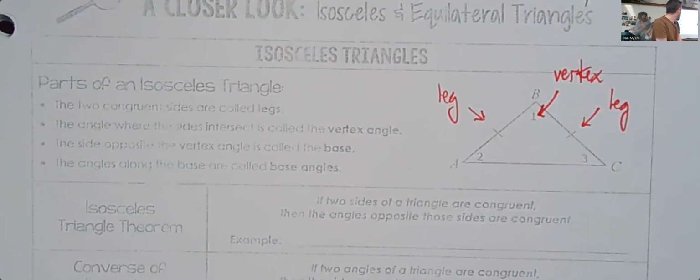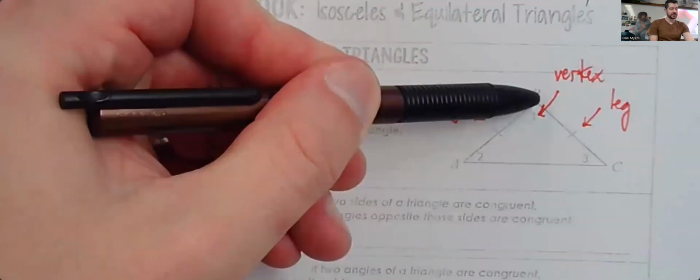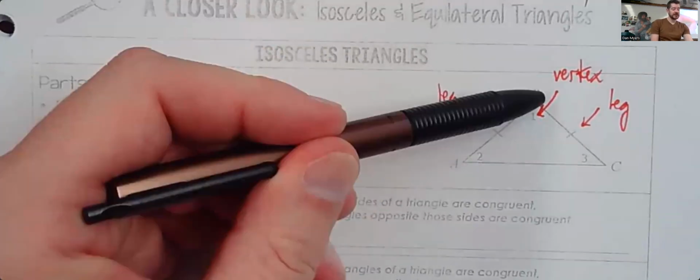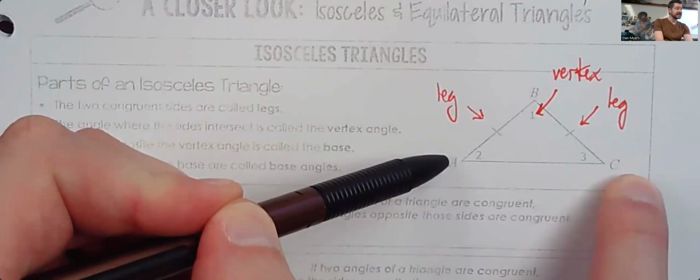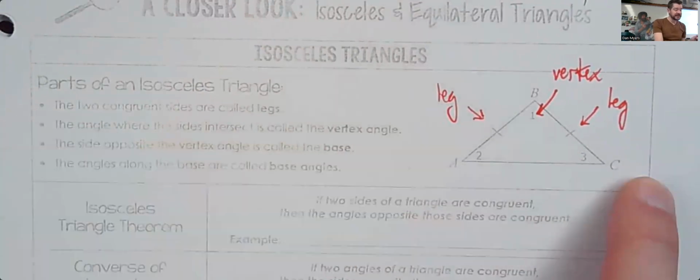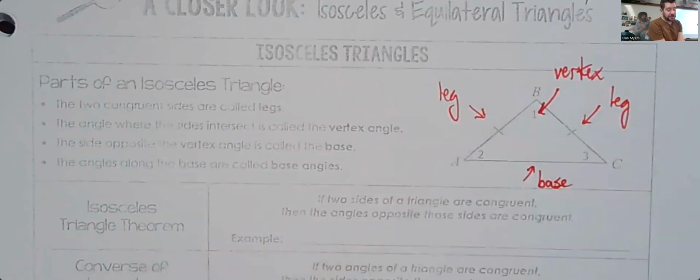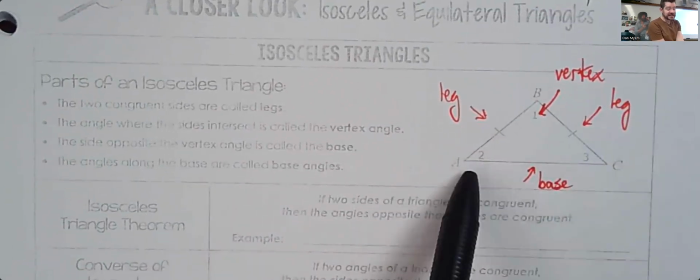The side opposite the vertex angle: if you look where B is, or 1, that's the vertex angle. If you look straight across, this side right here, side AC, is called the base. So the base length is that right there. So AB is a leg, BC is a leg, AC is the base.